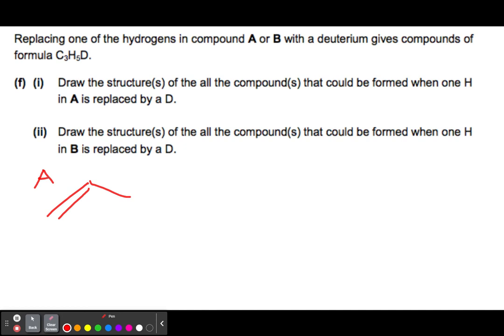But this is A. And so if you replace a hydrogen with a deuterium, there's actually 4 ways to do it. I'll just draw them. This is number 1. And then you've got to be careful with this double bond, because that's the second way.